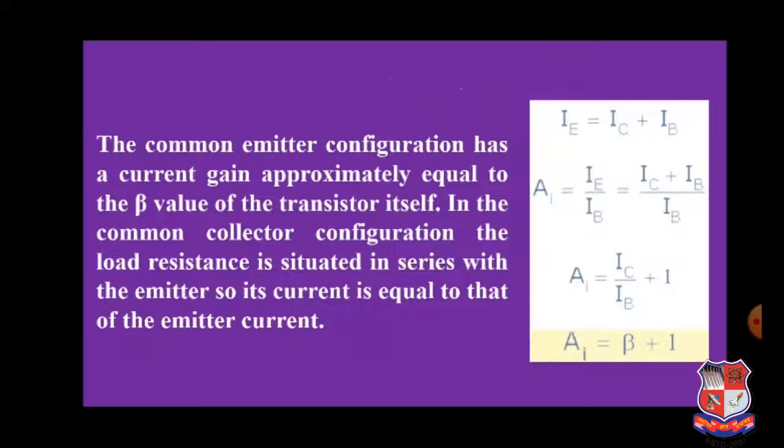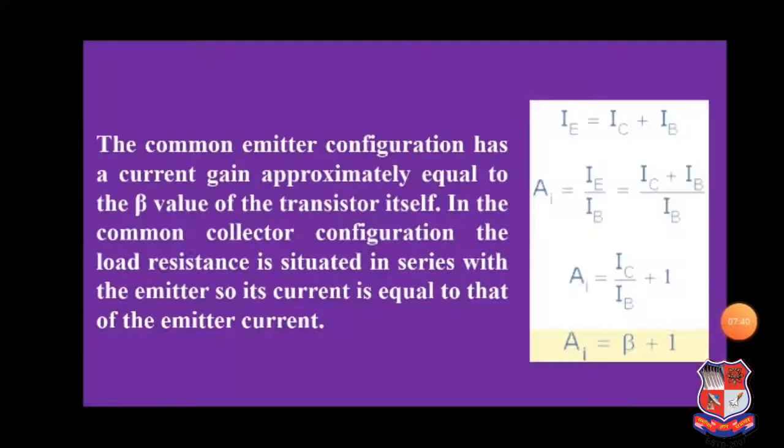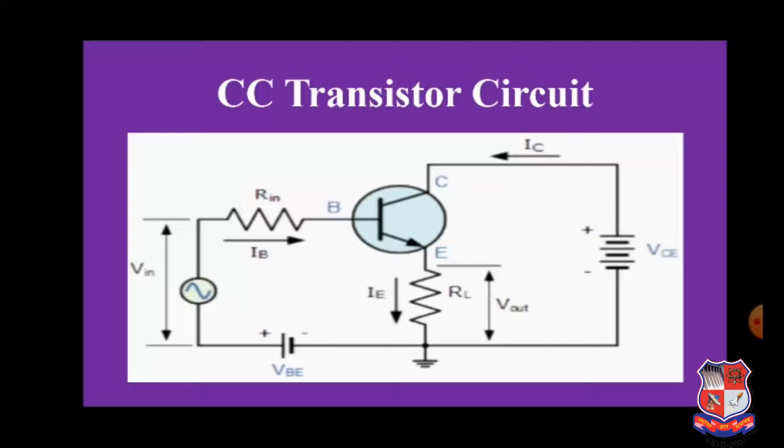So that calculation I leave it up to you, where you have to determine the equation for voltage gain, where you will try to identify what are the different characteristic properties. So here the output voltage will be quite higher.